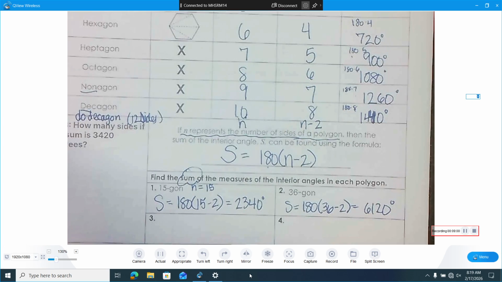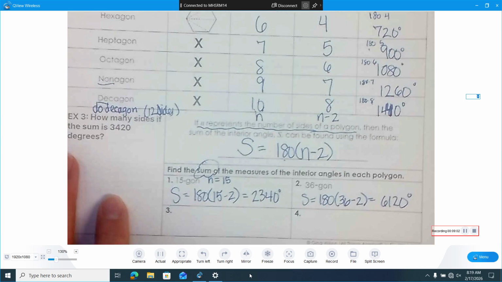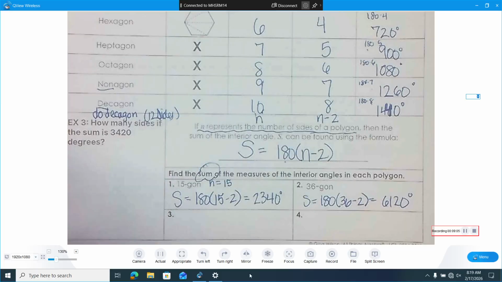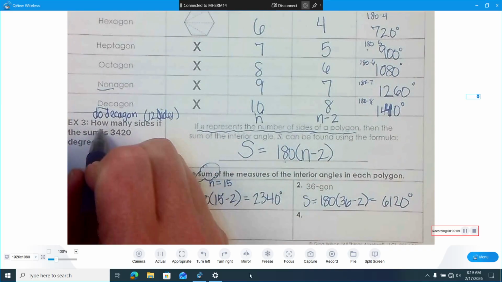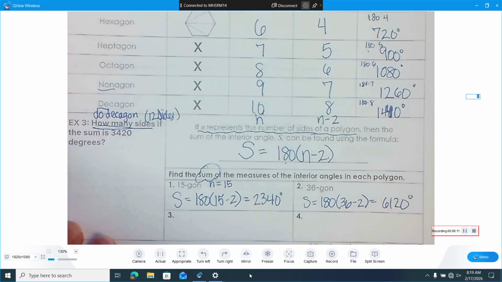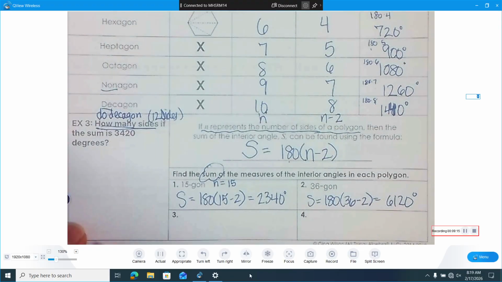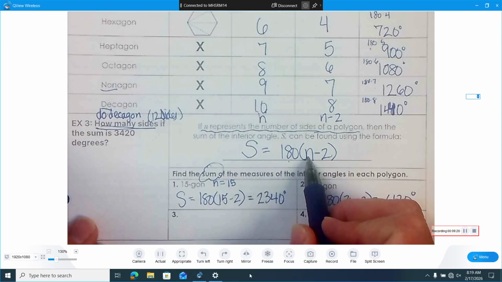All right. Now, over here. So this is the sort of reverse of the question. This is asking how many sides. What are they asking us to find if they're asking how many sides? It's asking us to figure out n. All right.